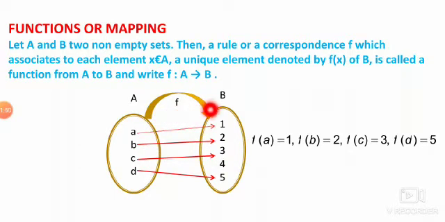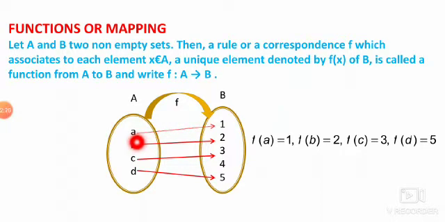The elements of B are 1, 2, 3, 4, 5. Now, the definition of the function goes like this. Every element of set A is associated with a unique element of set B. Then such a relation is called a function.